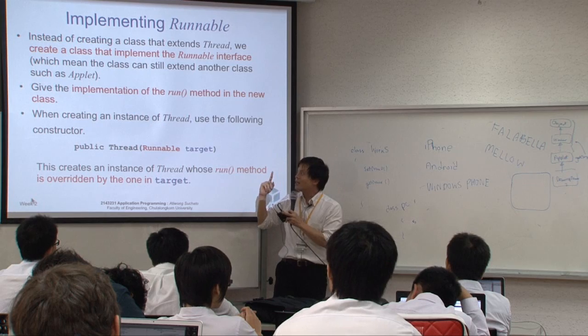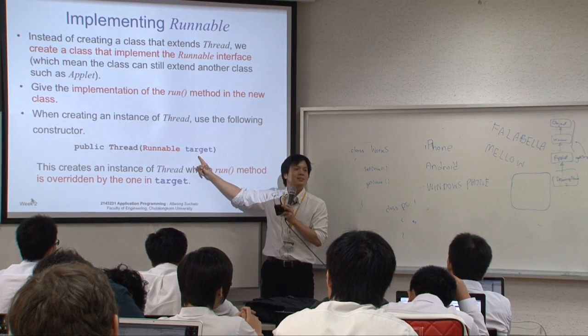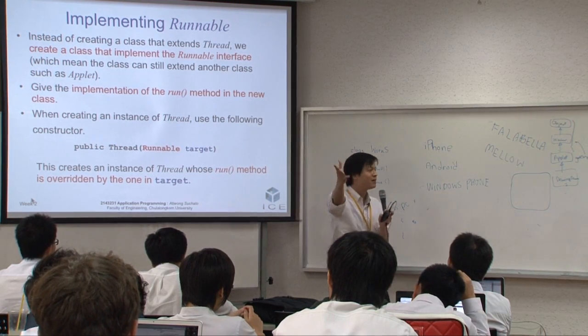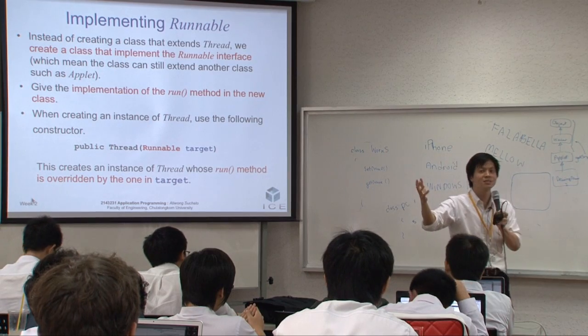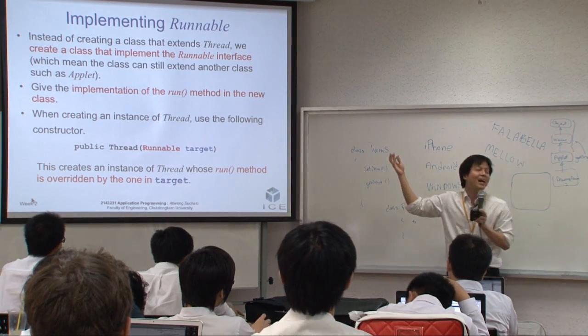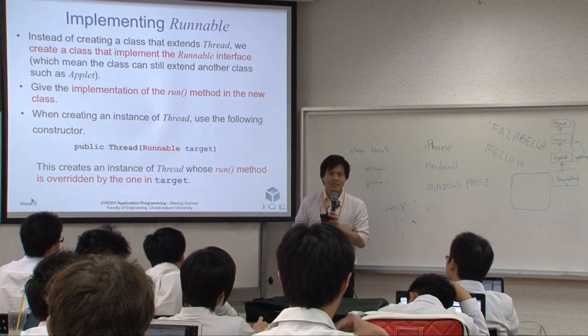But the requirement is that the class of this object must implement runnable. It can be student, it can be camera, it can be Ajahn Silverbut. Suppose you can create many instances of him. Yeah, this is the meaning of this.